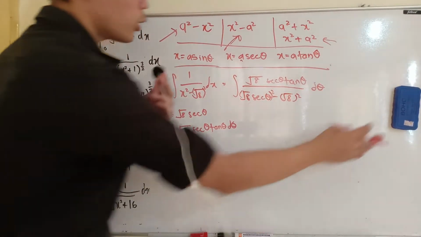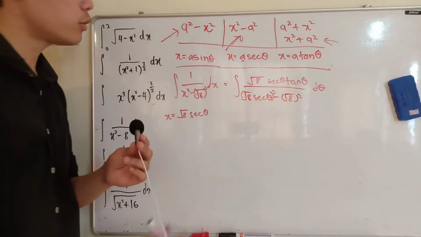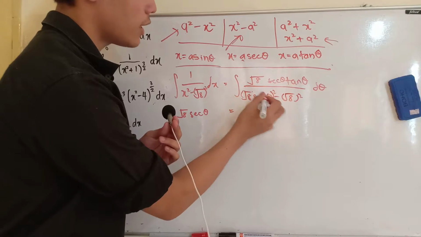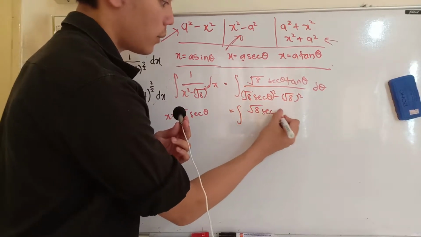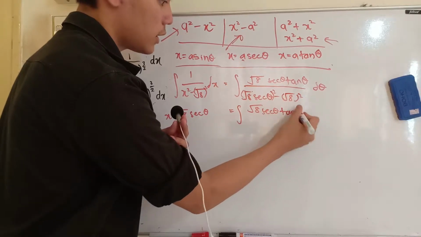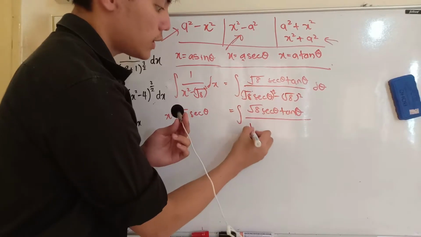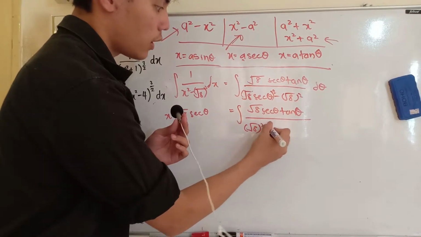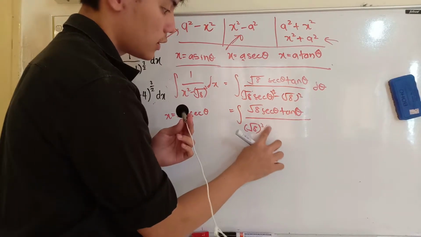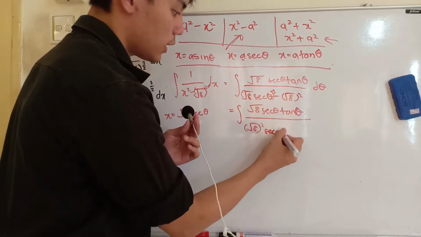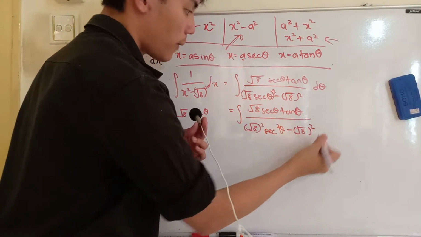Okay, so after that, we don't need this one, so what you're going to do is just expand it. When we expand it, I'm going to copy it back: tangent theta over 8 squared secant squared theta minus 8 squared.